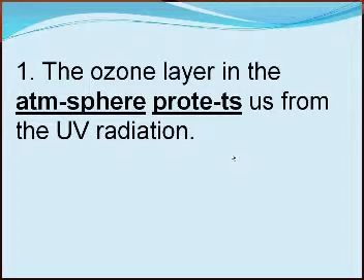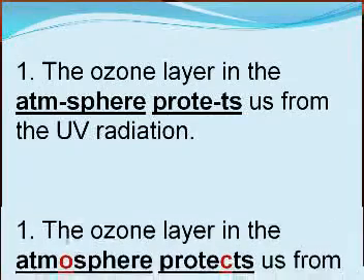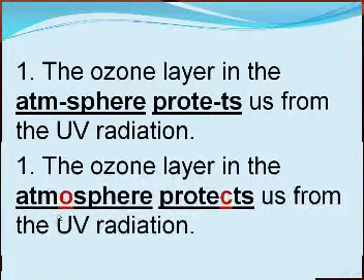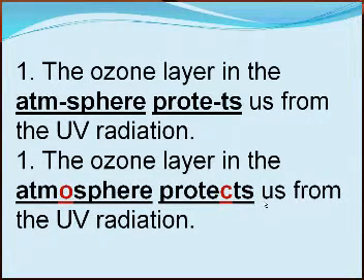You have to try reading the sentence yourself while in the exam, because you're not supposed to have any teacher reading any questions for you. So try to read it silently, of course, and imagine the missing letters. In this case, they are... Very good. The ozone layer in the atmosphere, O. Protects us, C. From the UV radiation.